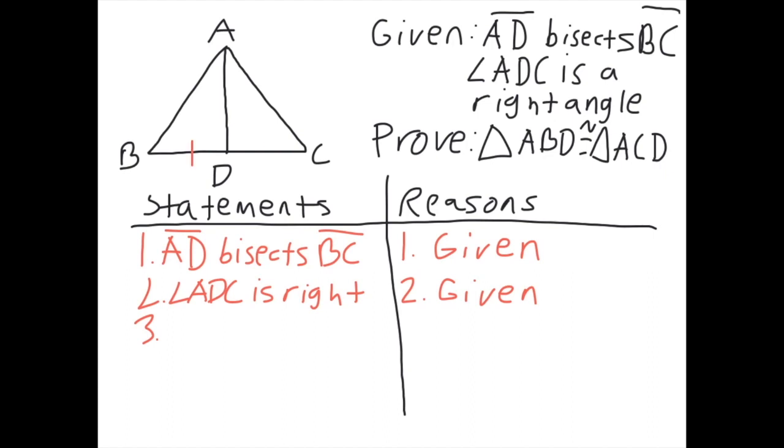And I'll even mark it right here. So those are congruent. So our next statement is that BD is congruent to DC. And the reason was because they were bisected. So you would say definition of bisector.